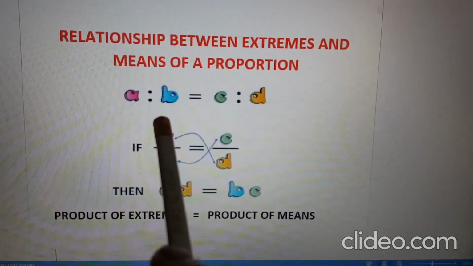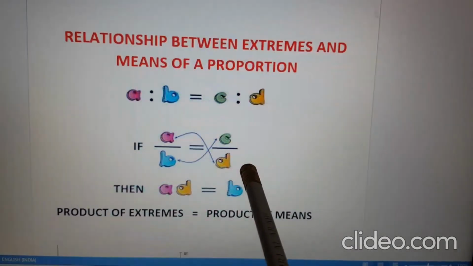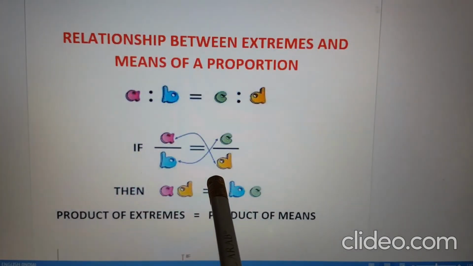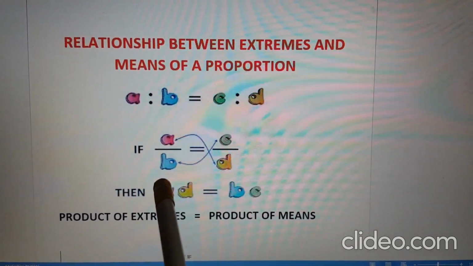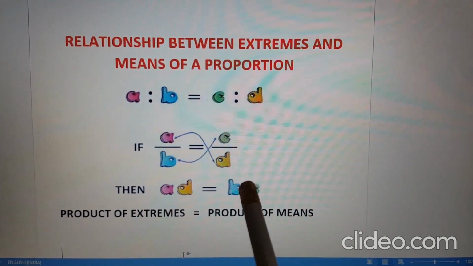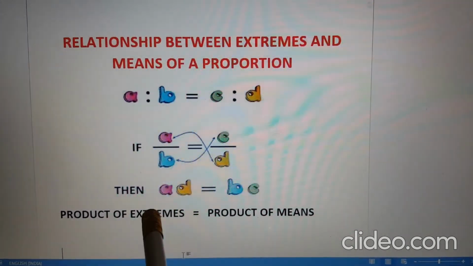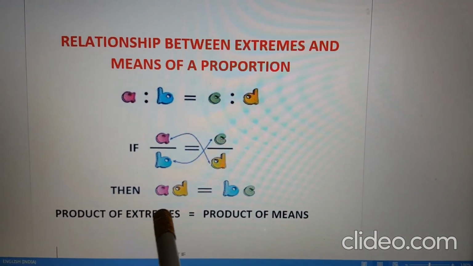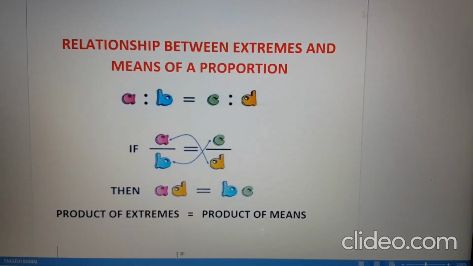We can write this ratio in a fractional form, A is to B and C is to D. When we do cross multiplication, we get A and D, and C and B. When we multiply these two, we get the product of extremes, and when we multiply these two, we get the product of means.